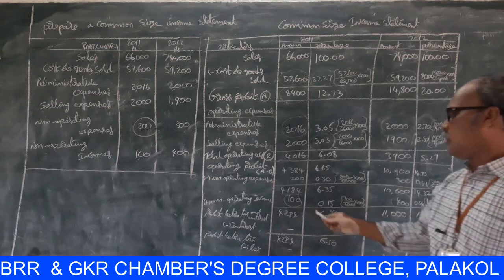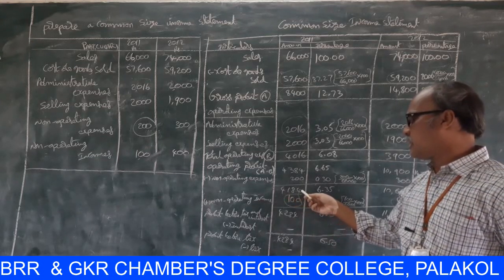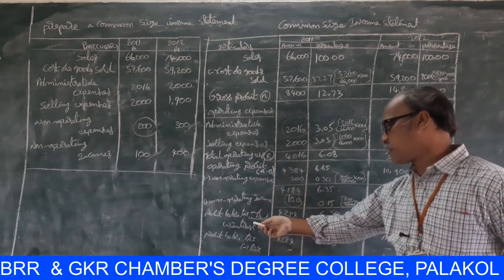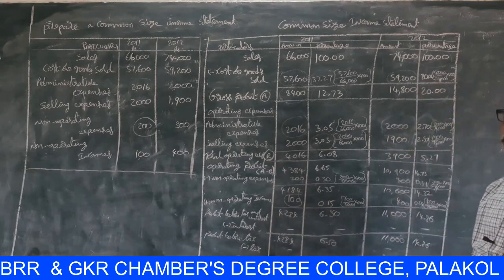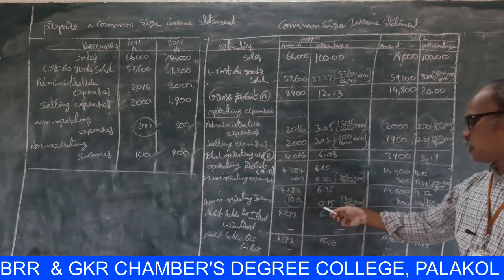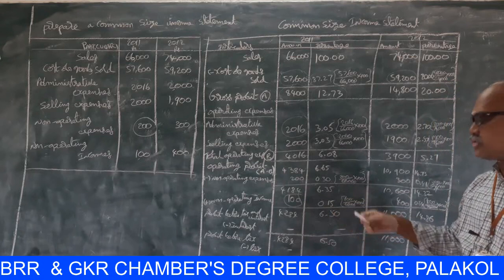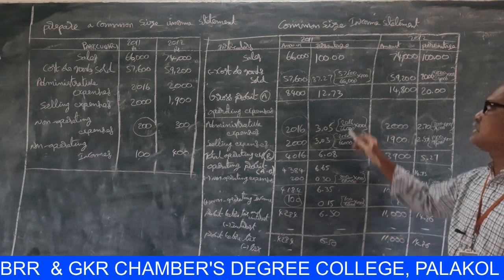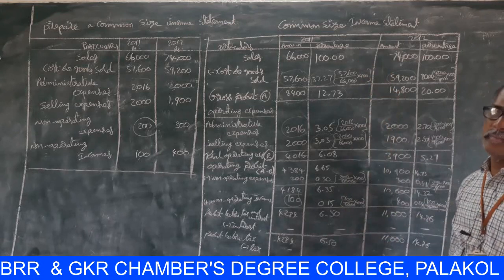Right? So 4,184 plus 100, 4,284 is to be treated as profit before tax and interest. 6.35 plus 0.15, 6.50 is the percentage of profit before tax and interest in the year 2011.